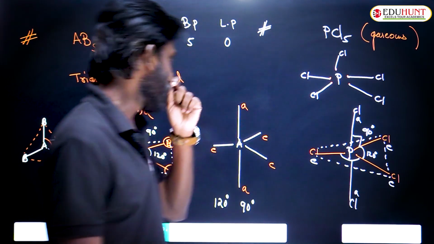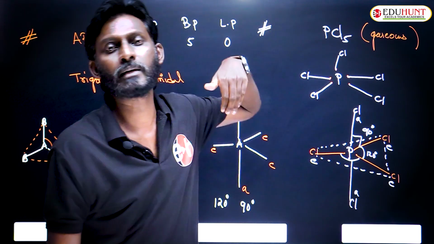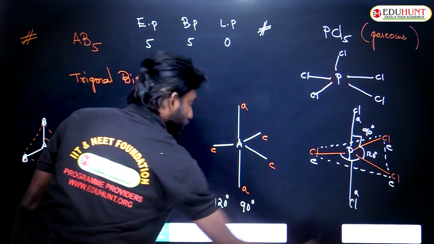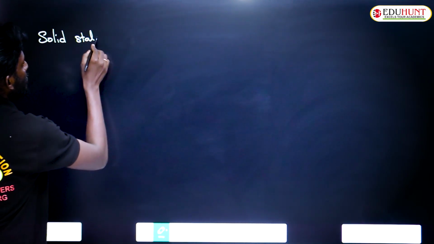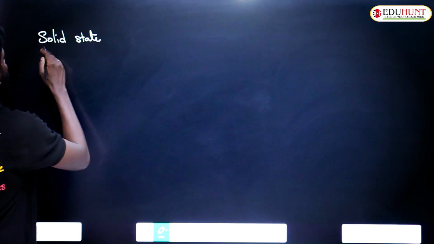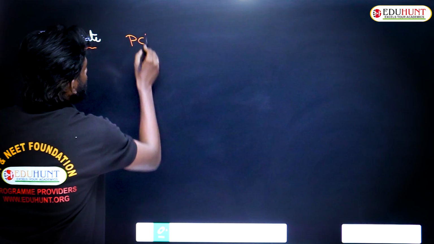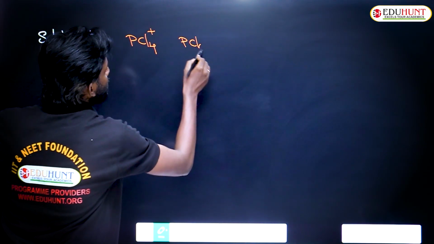And one more thing, I said this PCl5 is in the gaseous state. Sir, what about the solid state? See, in the solid state, I'll take the next page. In the solid state, PCl5 is going to be an ionic species like PCl4+ and PCl6-.